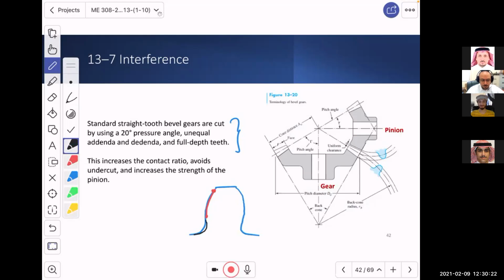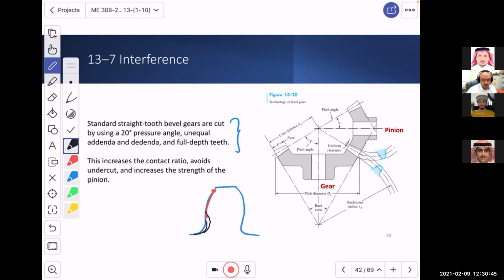Since this is usually not a contact region, it's not going to cause a problem in terms of motion. But if, God forbid, or for any reason, that undercut trimmed a little bit of the profile, which we want, this is a problem.